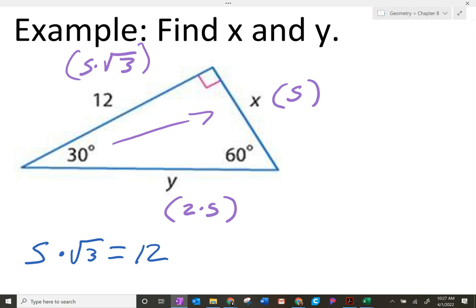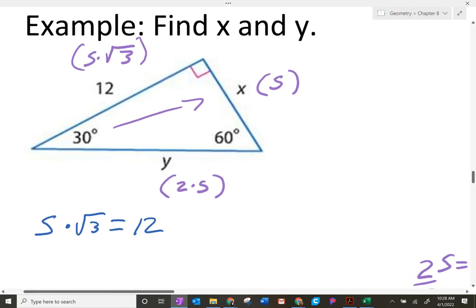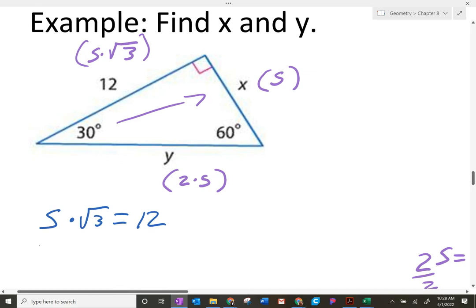All right. So I know this is going to be a radical 3. So I've got to see if I can break my 12 side down into something that has a 3 in it, so I can rewrite this one. Again, S times radical 3. I'm going to break my 12 apart into smaller sections.